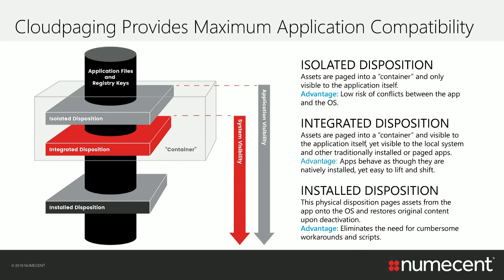The next aspect of the container is the dispositions. So fundamentally, applications are just made up of files and registry keys. And from that comes things like drivers and services and common interfaces, etc. If you go back to the example of the legacy ERP app, and it has a version of Java, you really don't want other applications to interact with that version of Java.